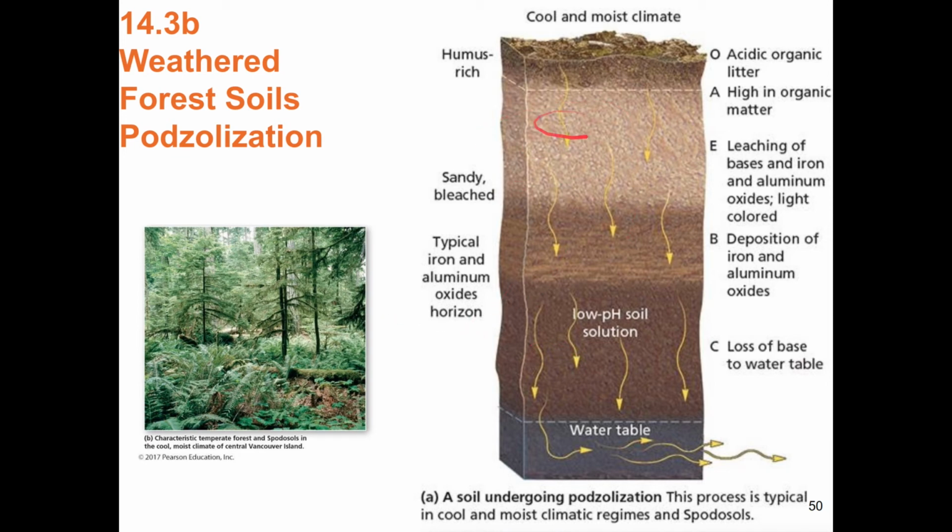So you get a sandy, bleached looking soil because the iron and aluminum oxides have been removed and transported someplace else. And then down here, when the aluminum and iron oxides get deposited, that horizon would be visibly different because it'd have a different color and a different texture.